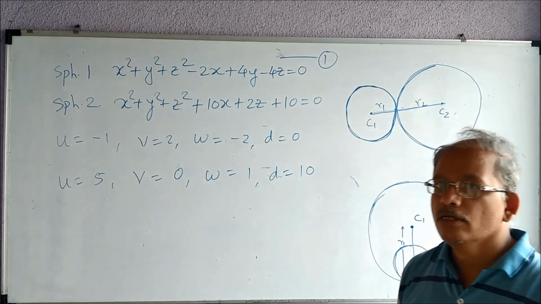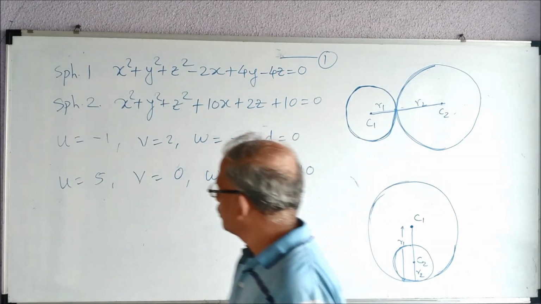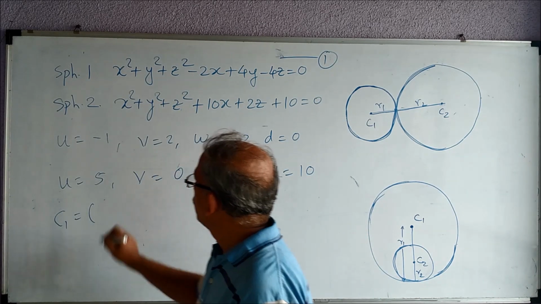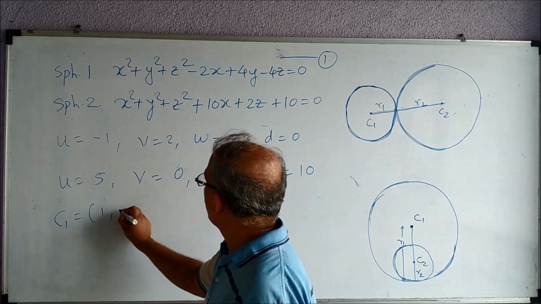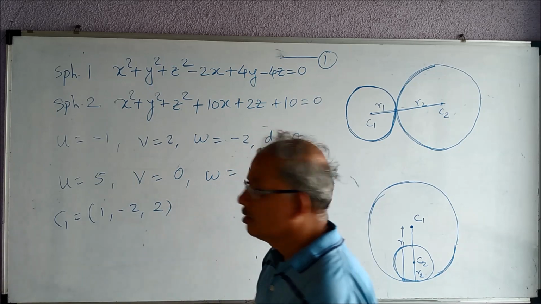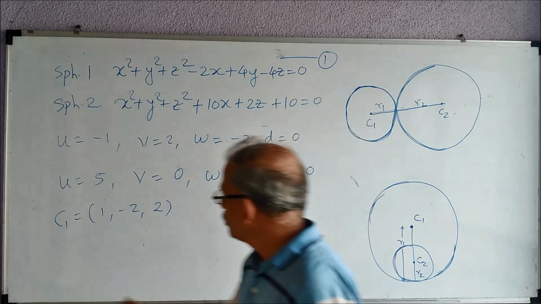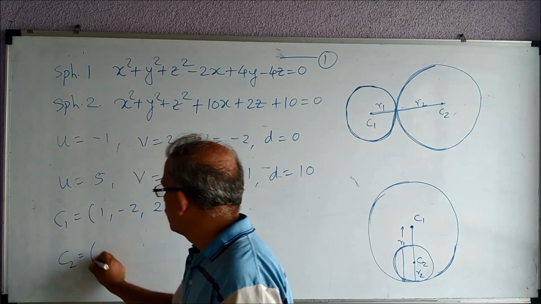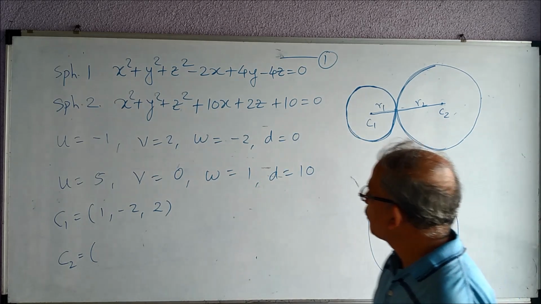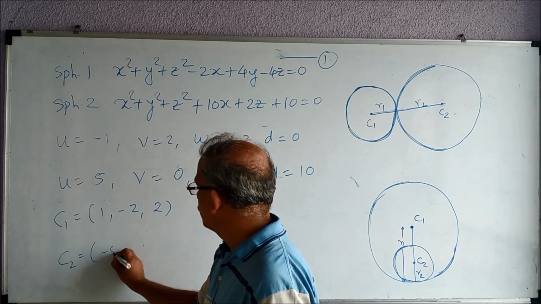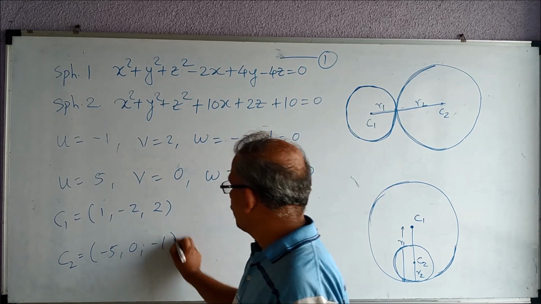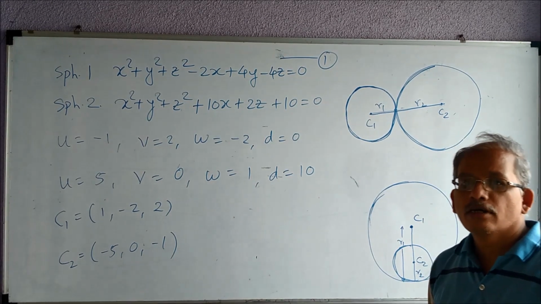So the center C1 is (1, -2, 2) and C2 is (-5, 0, -1).